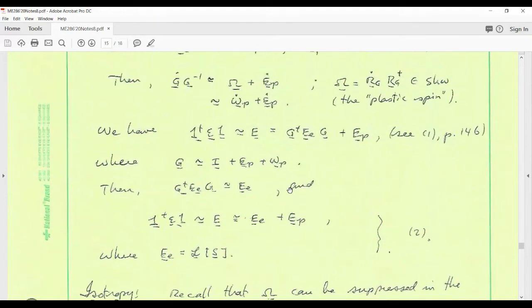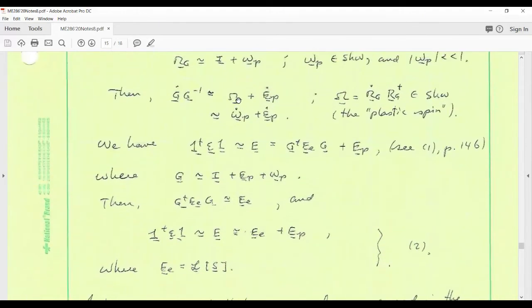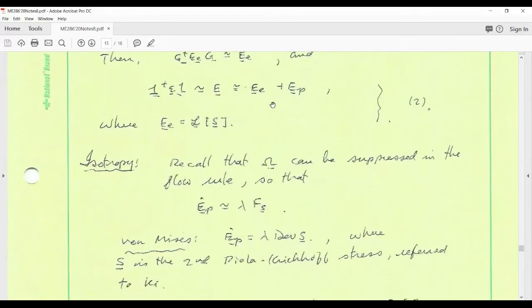So in that case, we can suppress the omega in the flow rule and write G dot G inverse as E dot plastic. And if you look back at the flow rule, then you get lambda times df/dS. f is the yield function. And lambda is this scalar function that has to be non-negative to ensure dissipation.